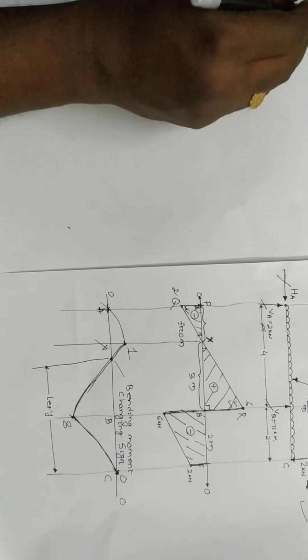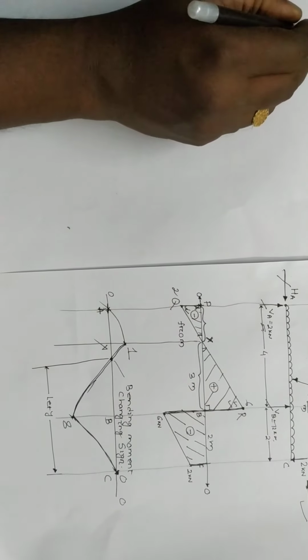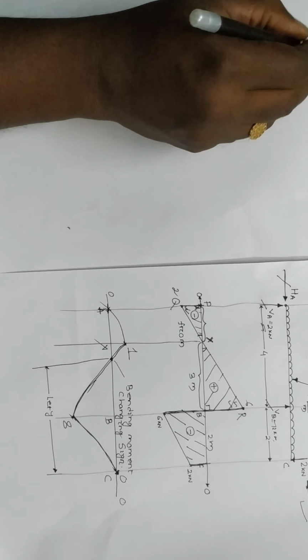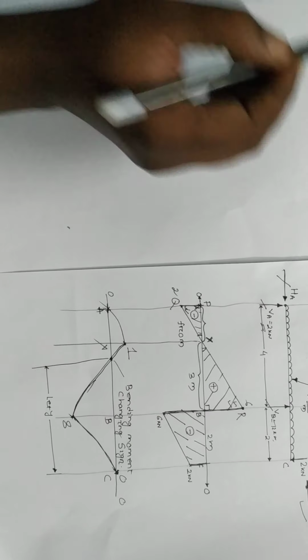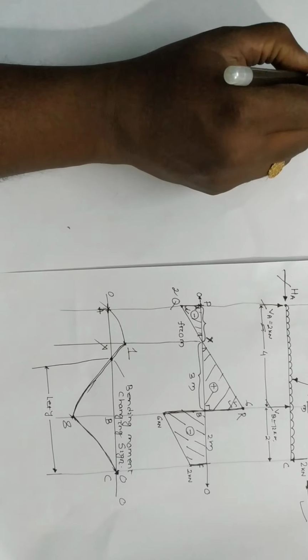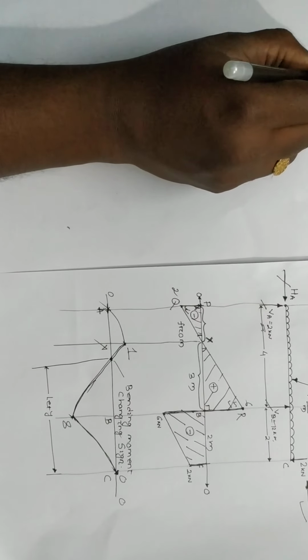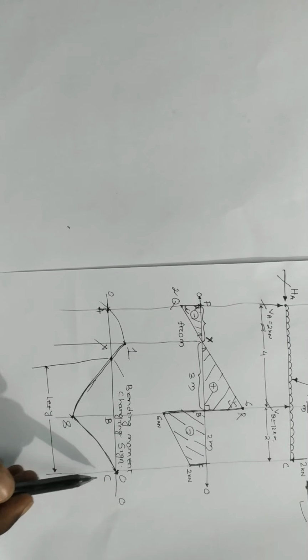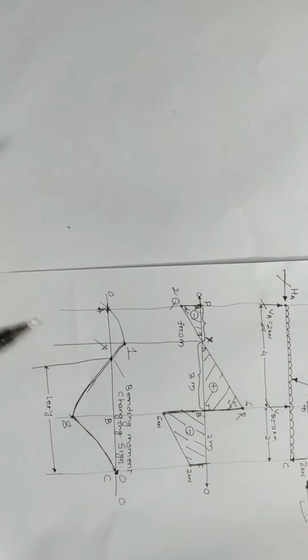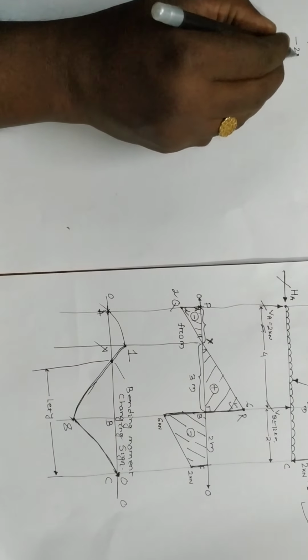So I can write summation of moment about point y is equal to 0. Okay. And what is the sign convention? All the counterclockwise moments are positive. So first is 2 kilonewton force and it will be clockwise in nature, and about this point this will be minus 2 into y.